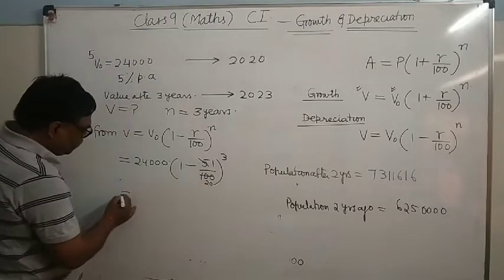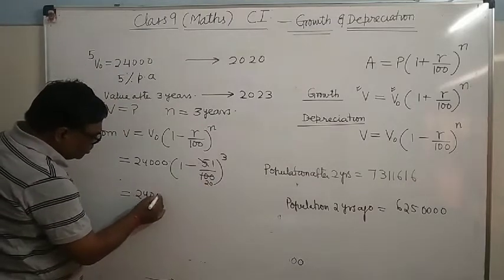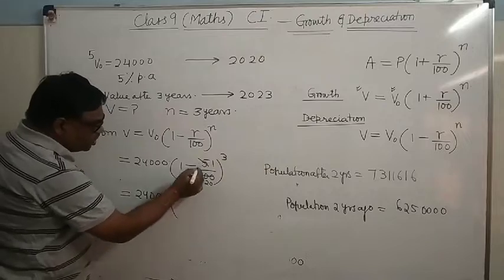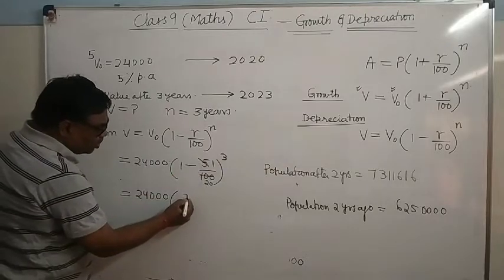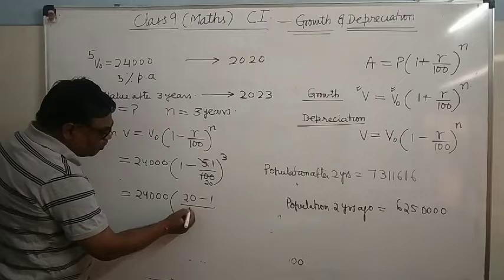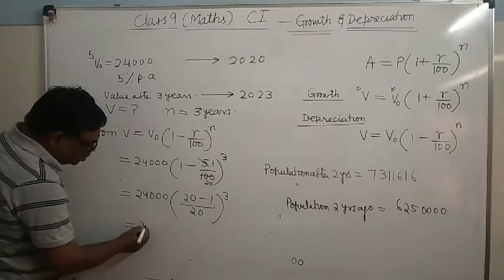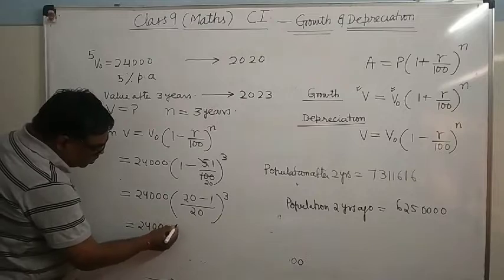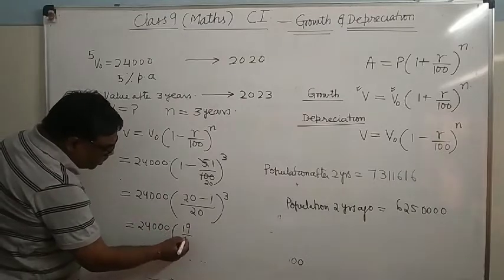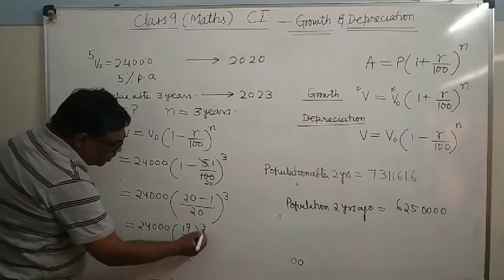When you will simplify, this is 1 minus 1 upon 20, that is 20 minus 1 upon 20 whole to the power 3, that is equals to 19 upon 20 whole to the power 3.